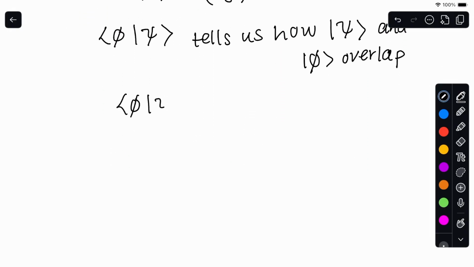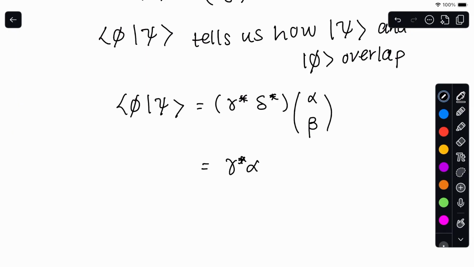So more specifically, with our case, we would have the bra phi times the ket psi, and then we would just perform normal matrix multiplication in this case. So we'd end up having gamma star alpha plus delta star beta.